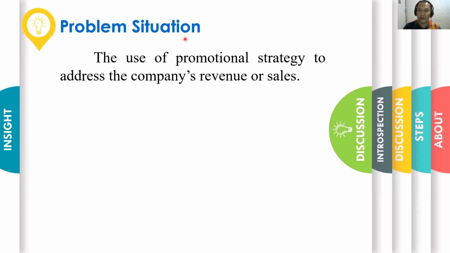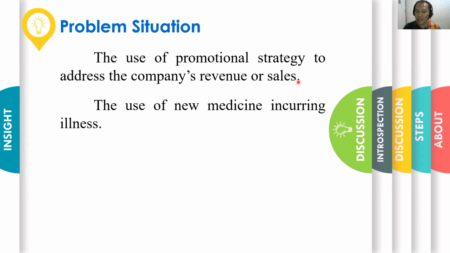Another, the use of promotional strategy to address the company's revenue or sales. The use of new medicine in curing illness. Now, this is another sample research problem where you can use the pre-experimental research design. And always observe that there is no control group in the given pre-experimental research design.